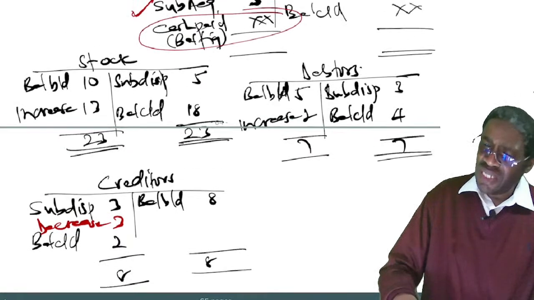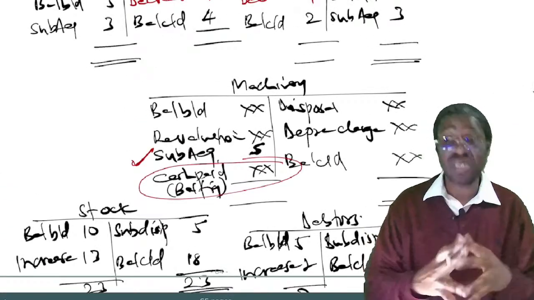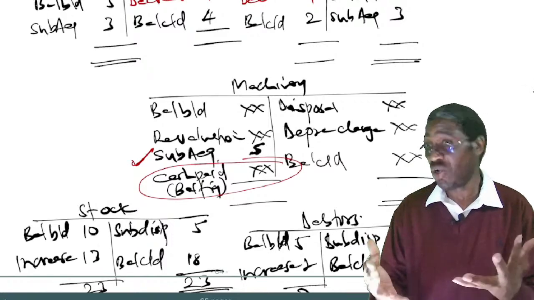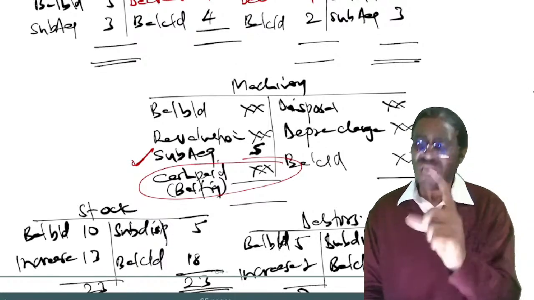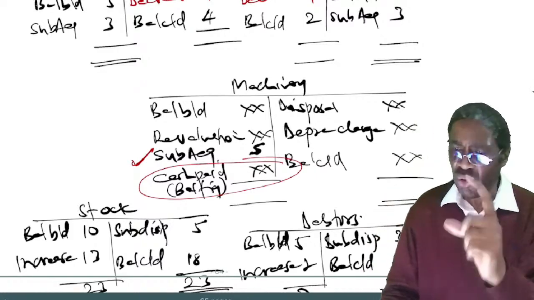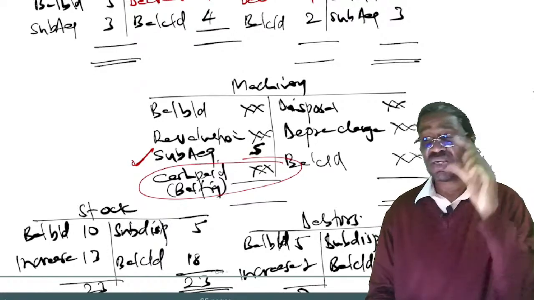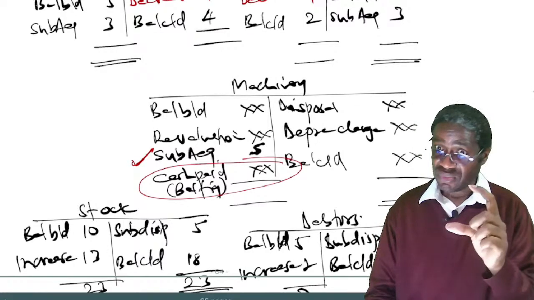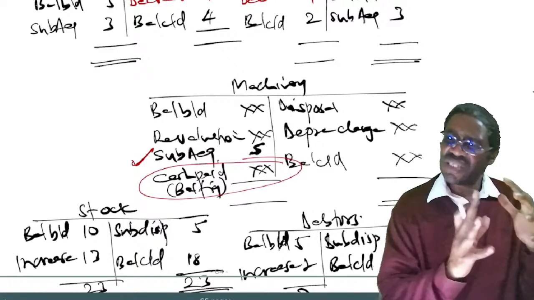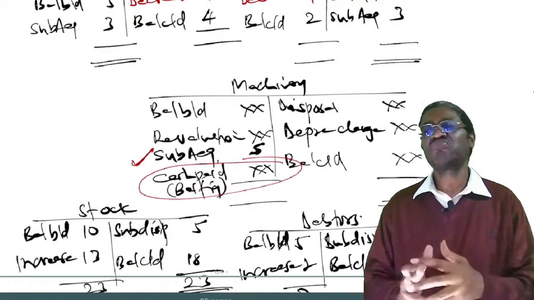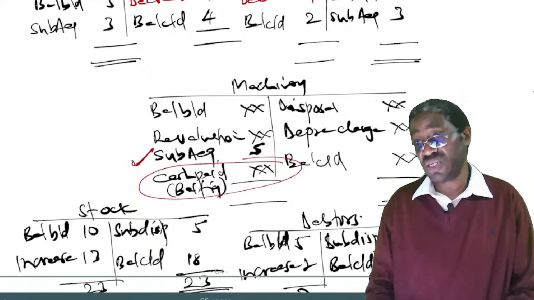When you're analyzing the account of machinery or motor vehicle or furniture or whatever fixed assets they are calling it, listen, whatever name they are calling it, and it is a question where you disposed a subsidiary company, then you want to know how much as a group did we pay to buy more machinery during the year, cash paid to acquire new machinery.